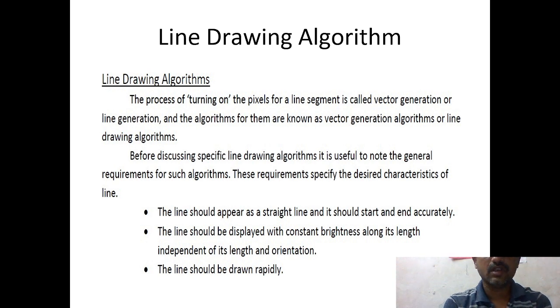Before discussing a specific line drawing algorithm, it is useful to note the general requirements for such algorithms. These requirements specify the desired characteristics of the line. The line should appear as a straight line, and it should start and end accurately.